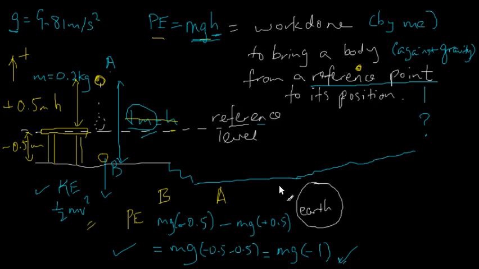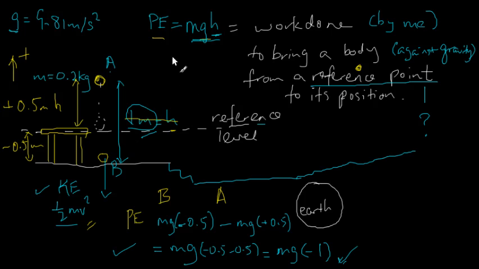We would normally use it to calculate kinetic energies when the ball drops. In this kind of example, we would want to know when the ball drops from one level to another level, what's its change in potential energy. So this is the use of potential energy, and that's equally important.